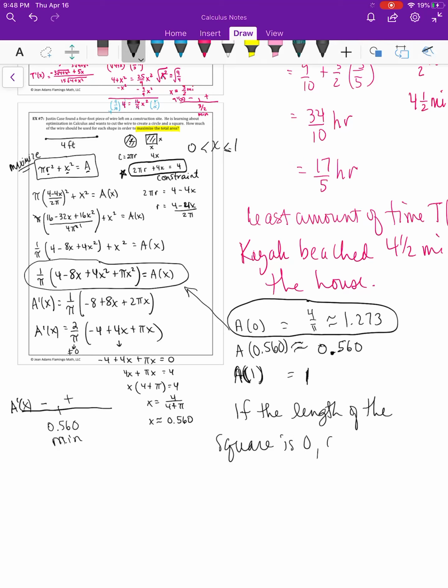So if the length of the square is 0, area is maximized.